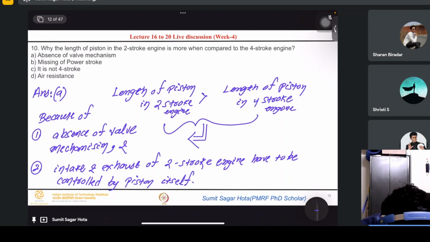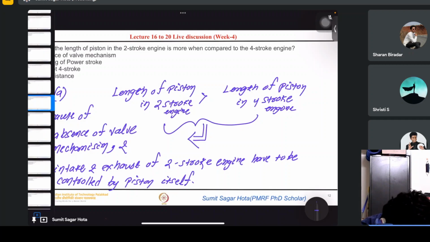So in the two-stroke engine, both the intake and the exhaust are controlled by the piston itself, in the absence of the valve mechanism. So the length of the piston in the two-stroke is somewhat bigger compared to the length of the piston in the four-stroke engine.